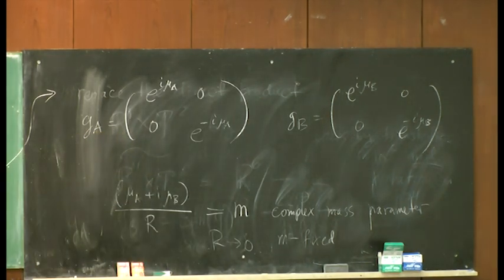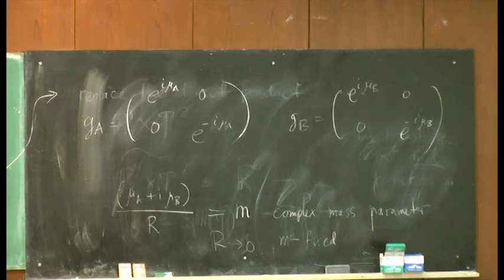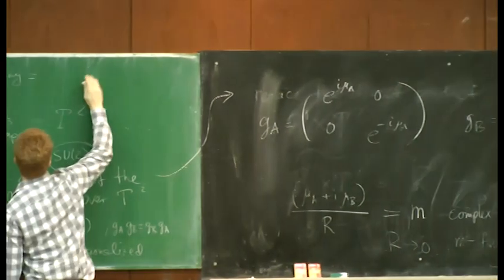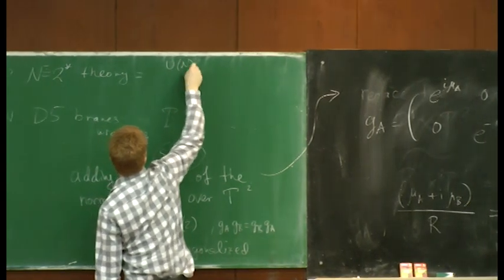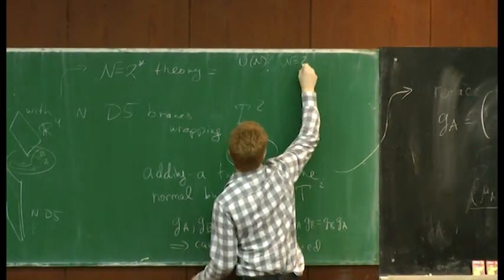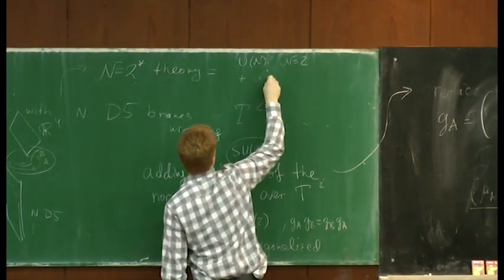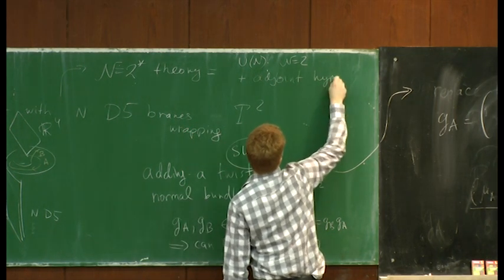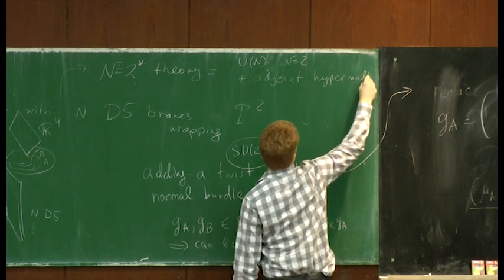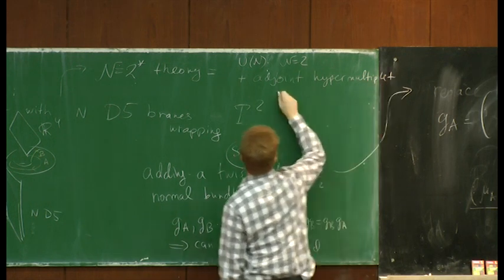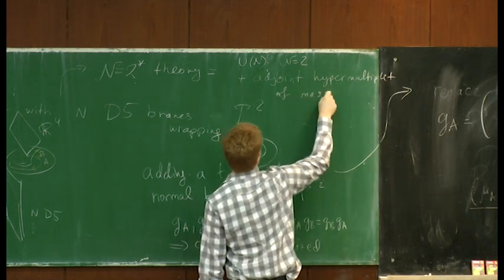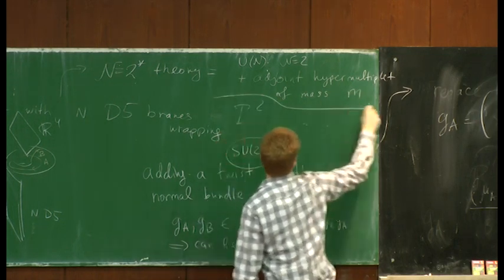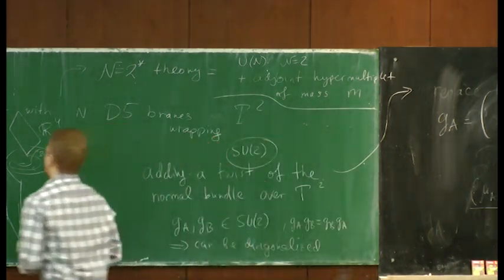The result is the so-called N=2 star theory, which is N=2 plus adjoint hypermultiplet of mass m. So what's the physics of that?